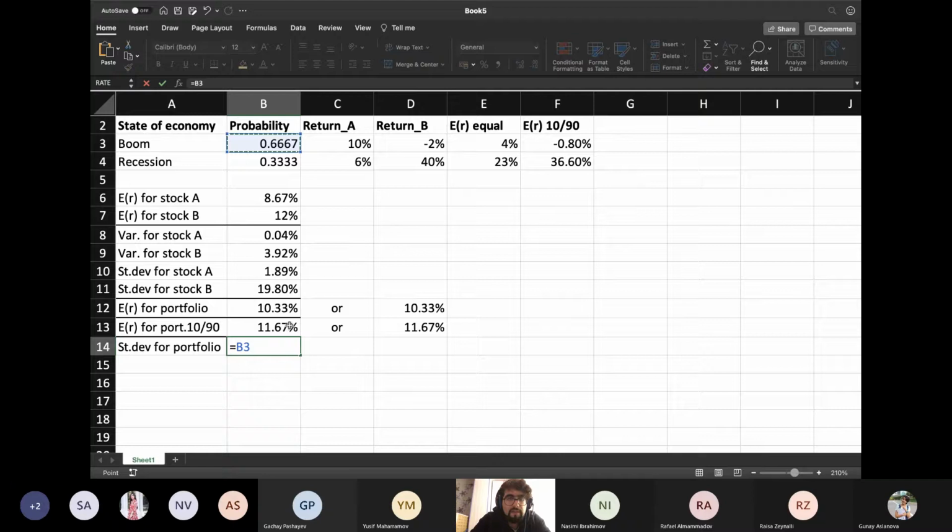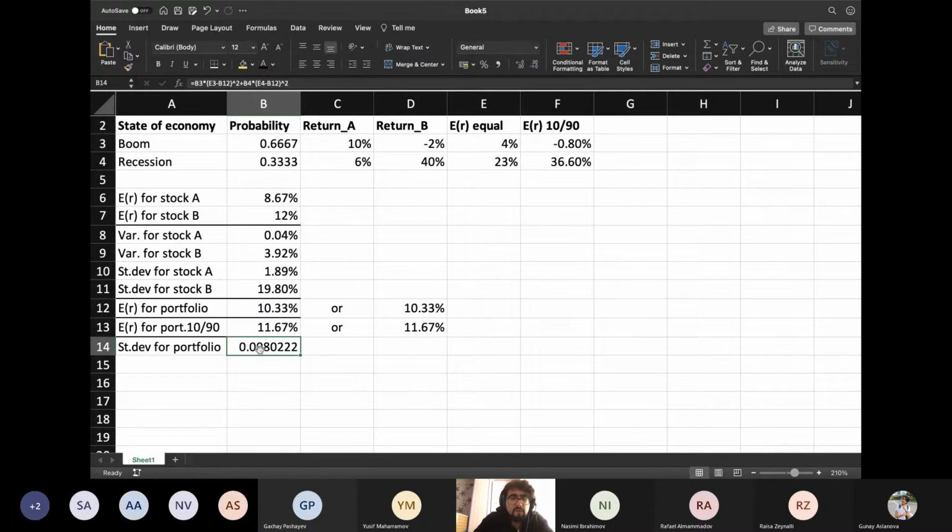So corresponding probability times return minus expected return of the portfolio to the power of 2 plus probability times return in the recession minus expected return of the portfolio to the power of 2.